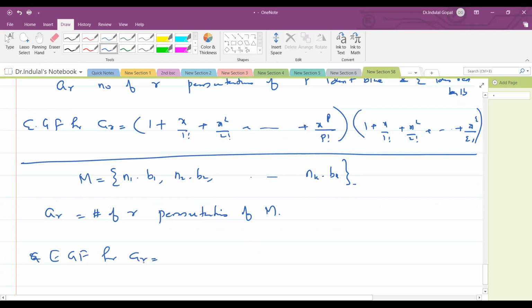The exponential generating function for AR is the exponential generating function for permutations of B1, into that for permutations of B2, etc. And this is 1 plus x by 1 factorial plus x square by 2 factorial plus etc. plus x raised to N1 by N1 factorial, into etc., 1 plus x by 1 factorial plus etc. plus x raised to Nk by Nk factorial.